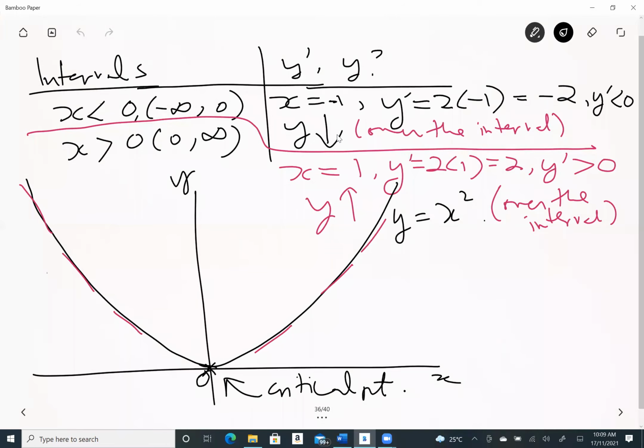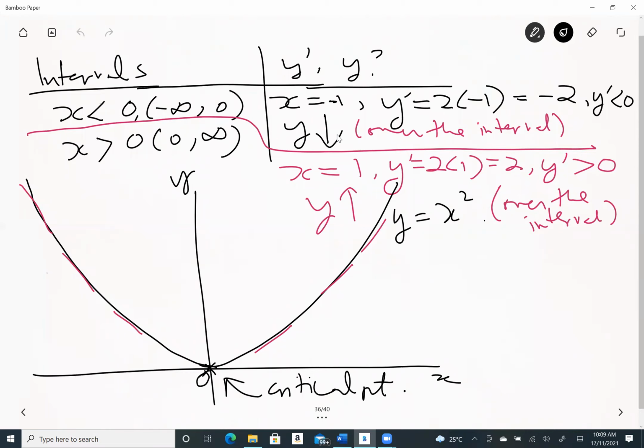So minimum means you have something like this. So what can you say about the function based on the interval? For a minimum, what can you say about the behavior of the line? We just describe.